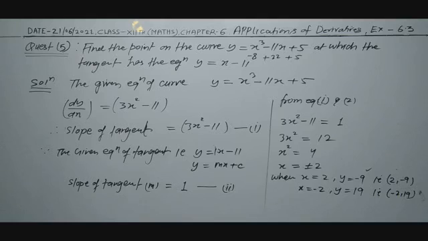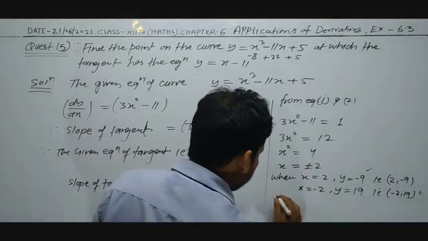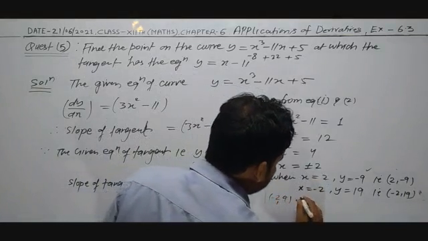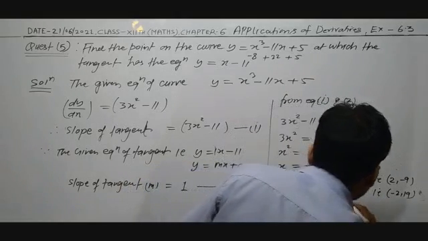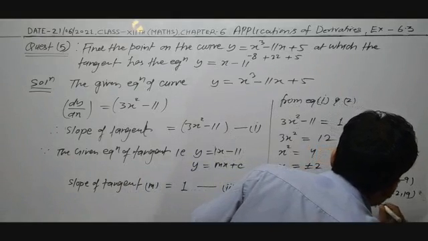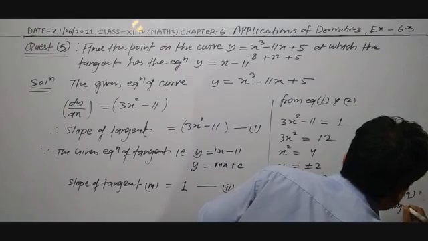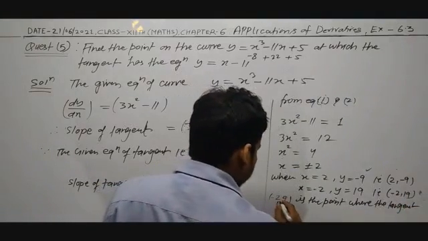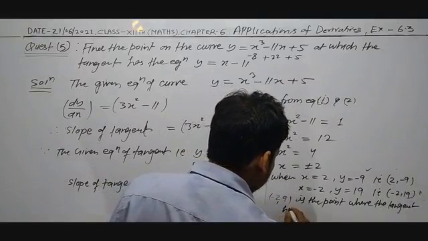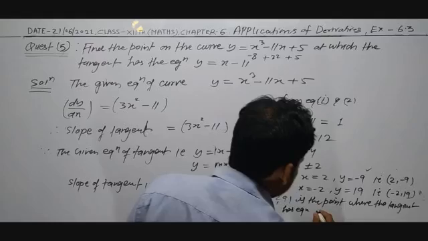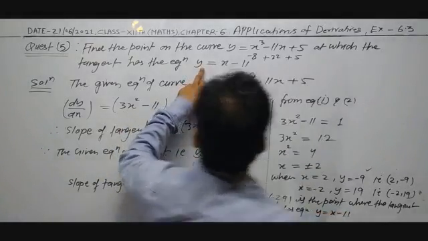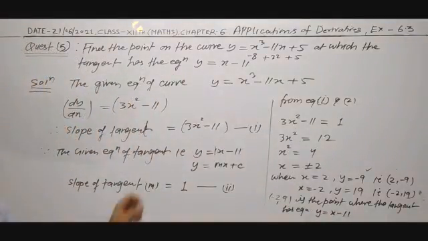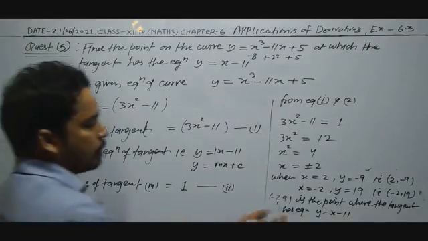So what you can write? 2 comma minus 9 is the point where the tangent has equation y is equal to x minus 11, and minus 2 comma 19 will not satisfy.